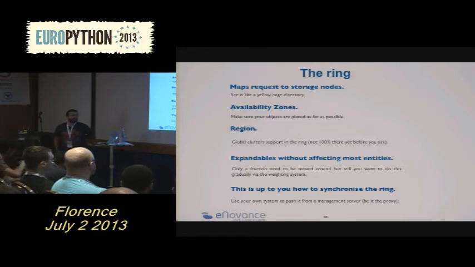There is one thing you need to be aware of when you develop: there's no component that synchronizes the ring. It's up to you to synchronize it. Every component of the system in Swift has the ring sitting with it to know where the placement of the other objects is, but that ring is synchronized by you.